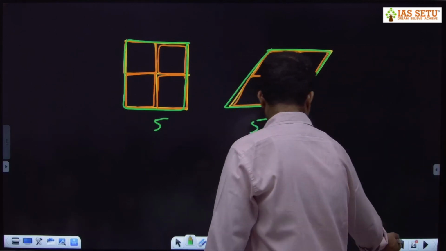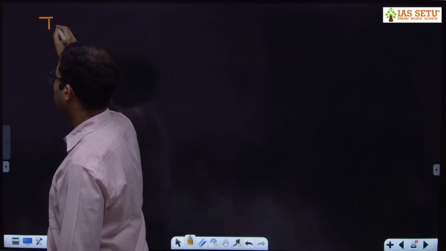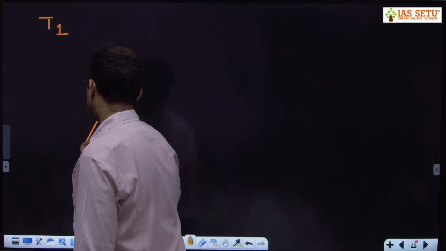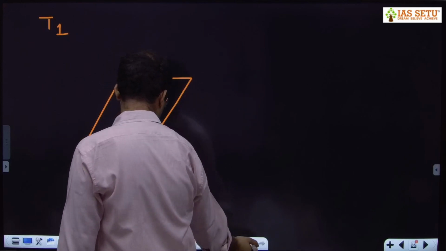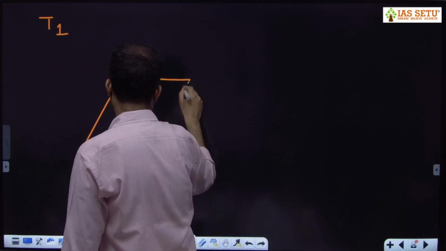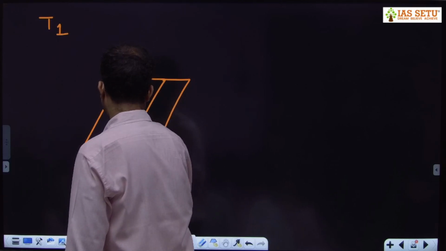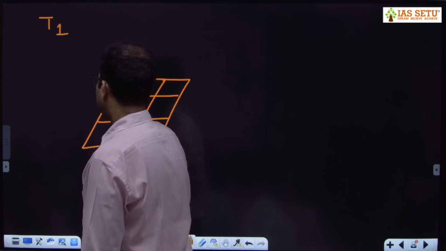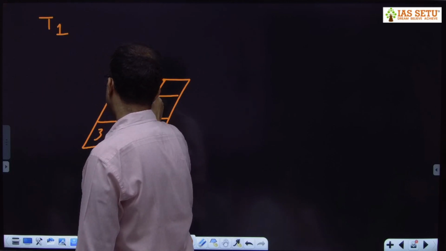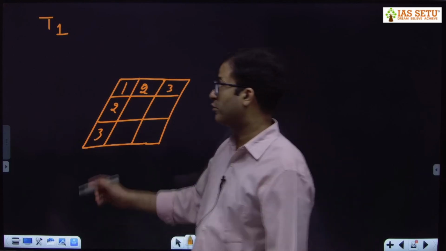So what we will do, if you have to count the number of rhombus, type 1, if it is an n by n figure. It can be a 2 by 2 figure, a 3 by 3 figure, a 4 by 4 figure.